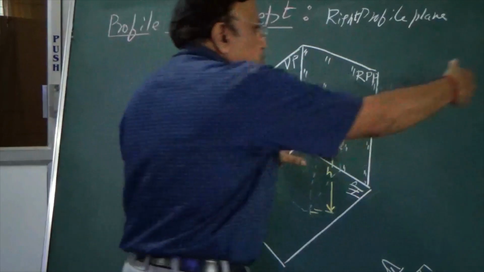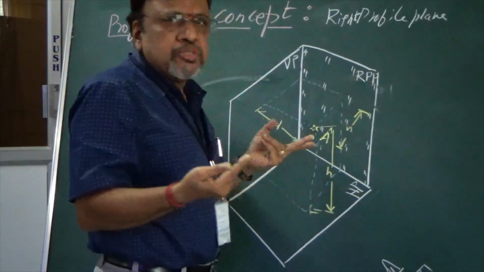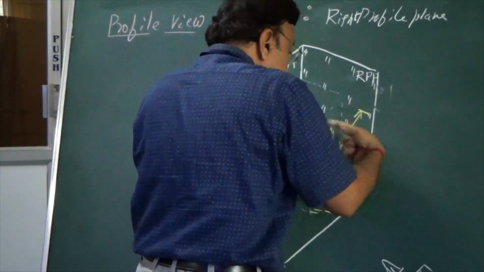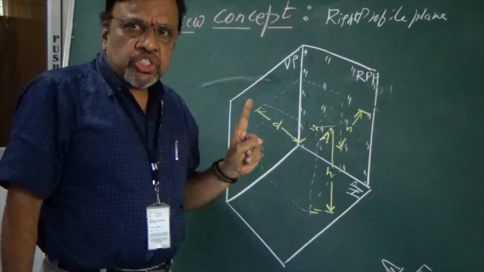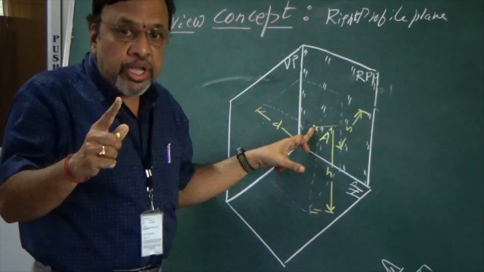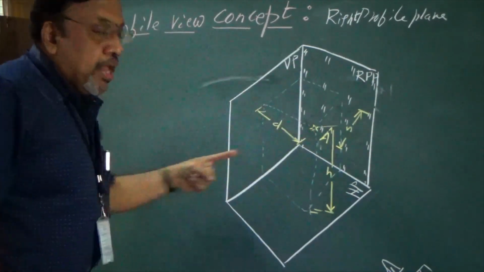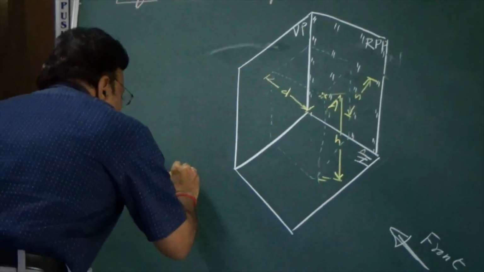If I view from the right side, because we consider these planes to be transparent, observer, plane and object. But we know that in first angle projection, always the object should be in between. So it is mandated that I need to view this object from the left only. I will indicate that also. Let us say I am viewing from the left.